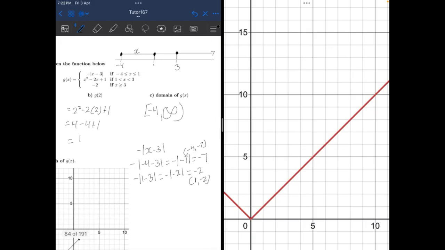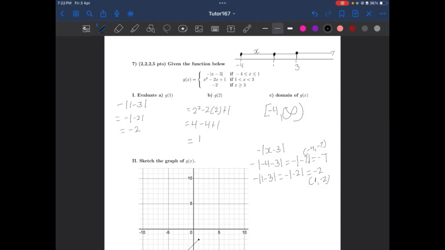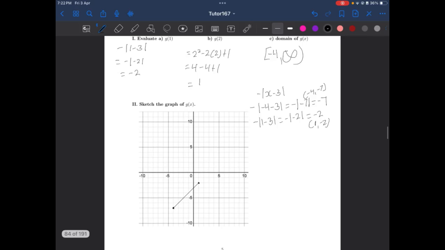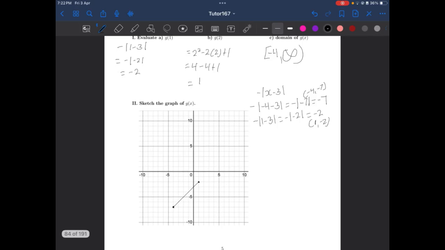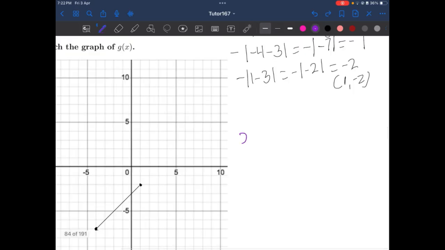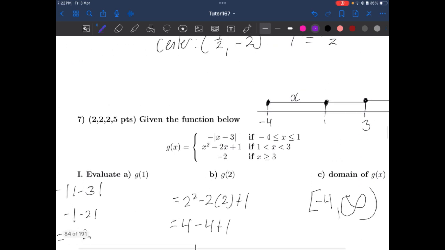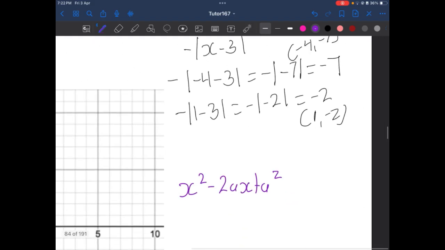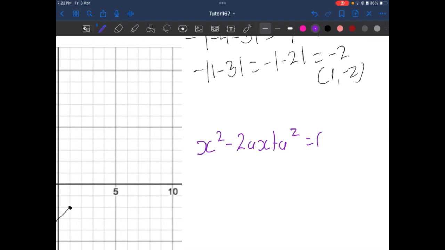So now the next one, x squared minus 2x plus 1. So when we have that, we have to know that it's represented as x squared minus 2ax plus a squared, which is the form that this is, or we could show it as x minus a, squared.